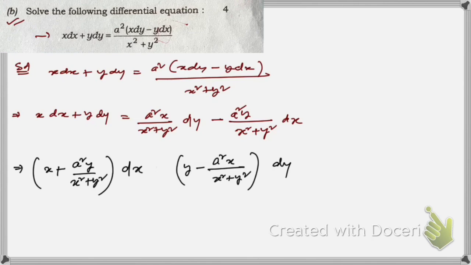This is not my equal sign, this is plus, and this is equal to 0. Now this equation is in this form, M dx plus N dy is equal to 0. This is in the form of this type of equation, right? So here you see.